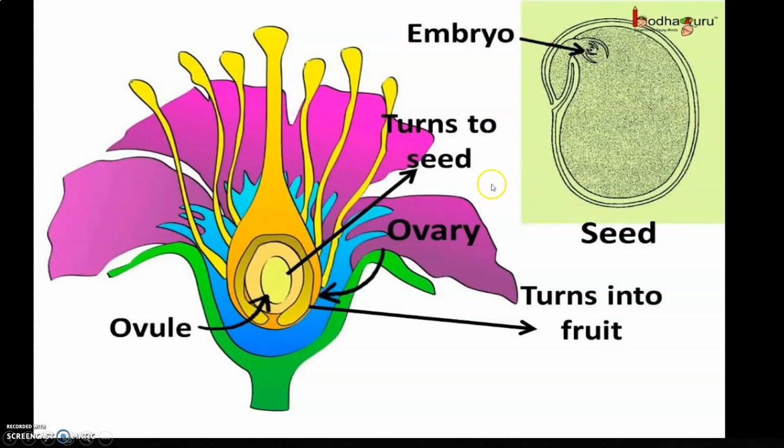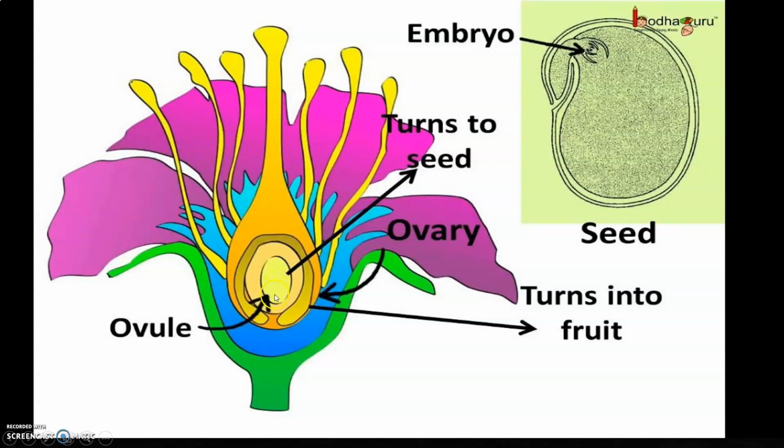So during fertilization, when a pollen grain falls on the surface of the stigma, it germinates to produce a pollen tube. The pollen tube moves through the style, goes inside into the ovary and reaches the embryo sac, where it releases two pollen gametes. One of the pollen gametes fuses with the egg cell and forms the zygote.